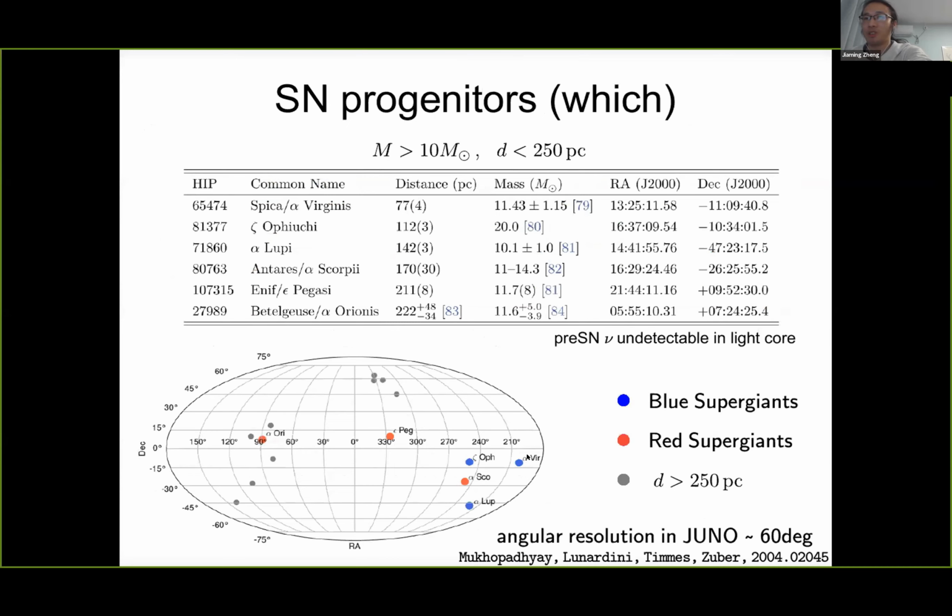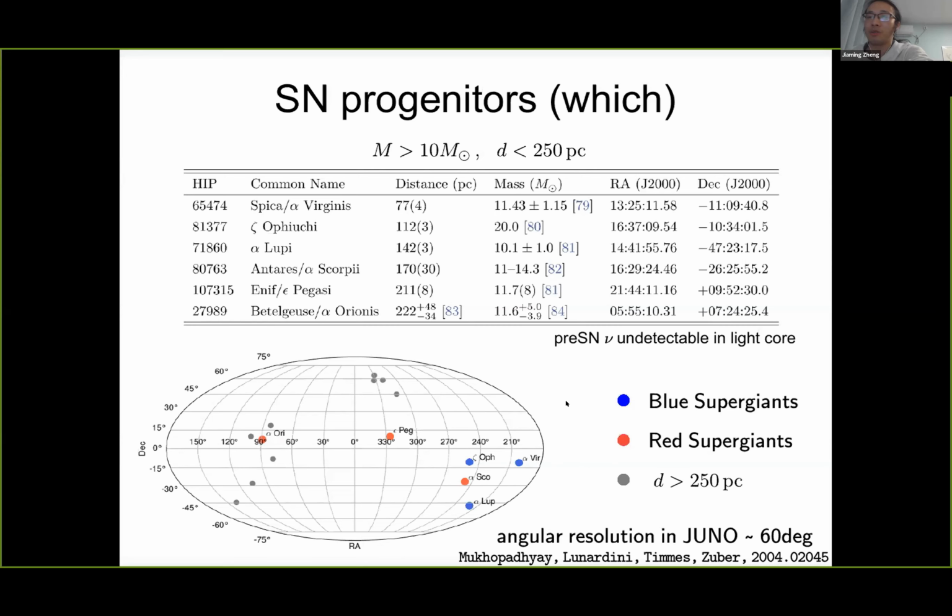Maybe I should note that most of the observed supernovae are from red supergiants. But we do know that supernova 1987A was a blue supergiant, so we also include them here for completeness. And actually, their distance to the Earth is slightly closer than the red supergiants, so they have a better chance to get detected.